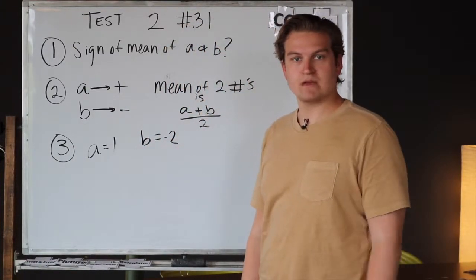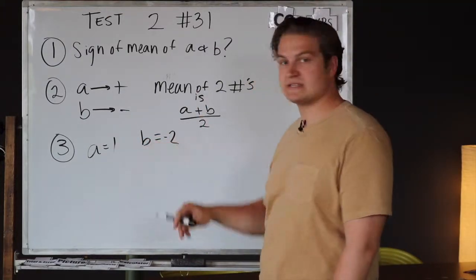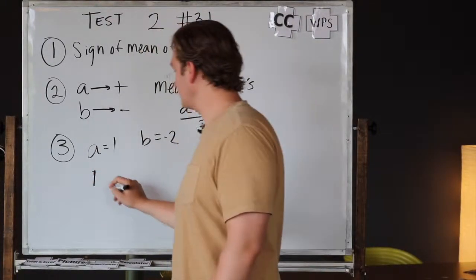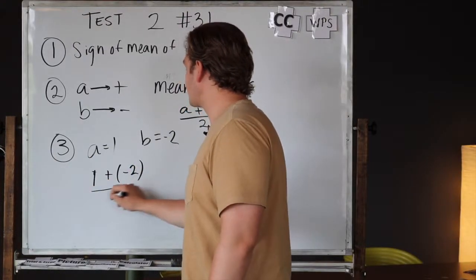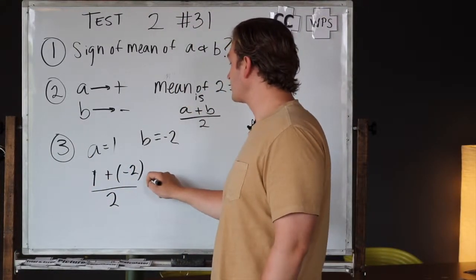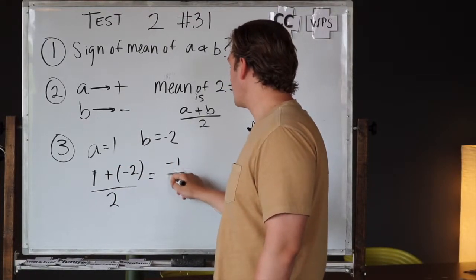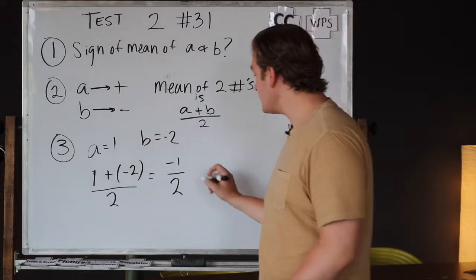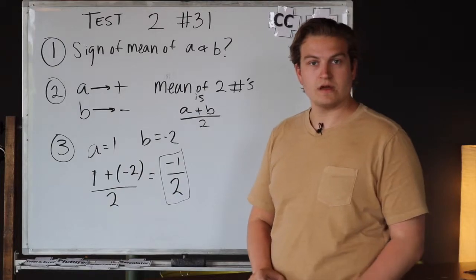Now let's find the mean of A and B if A is 1 and B is negative 2. Well, it is 1 plus negative 2 over 2, which is negative 1 over 2. So if A is 1 and B is negative 2, their mean is negative 1/2.